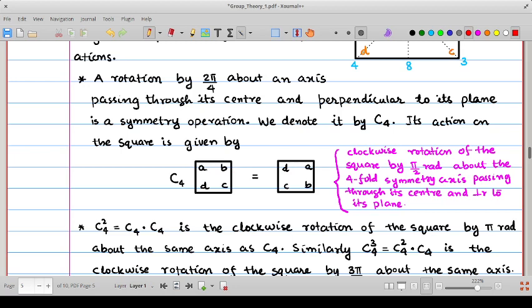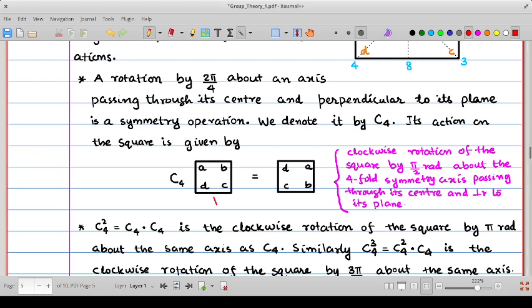And remembering that these labels are not there in the square to begin with, and these were labels that we supplied for our own convenience, keeping track of these changes under this transformation, we see that this figure is exactly same as this figure. And if we erase these labels, and in fact these labels were not there initially.